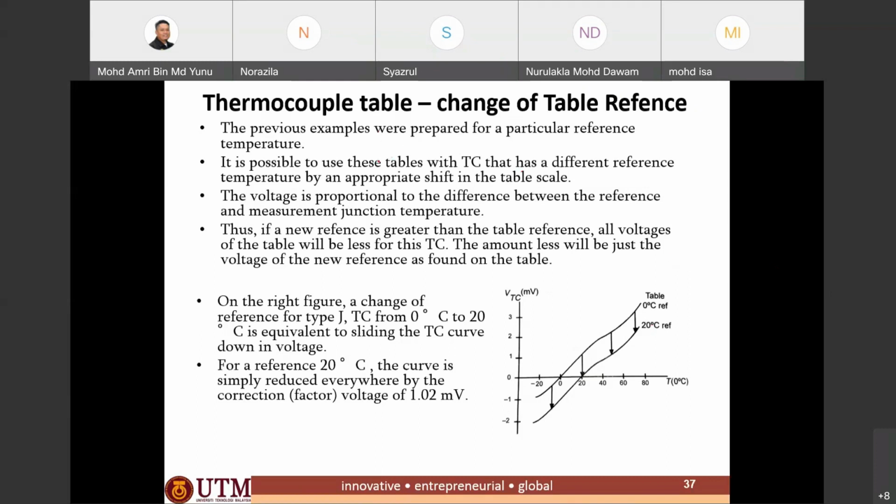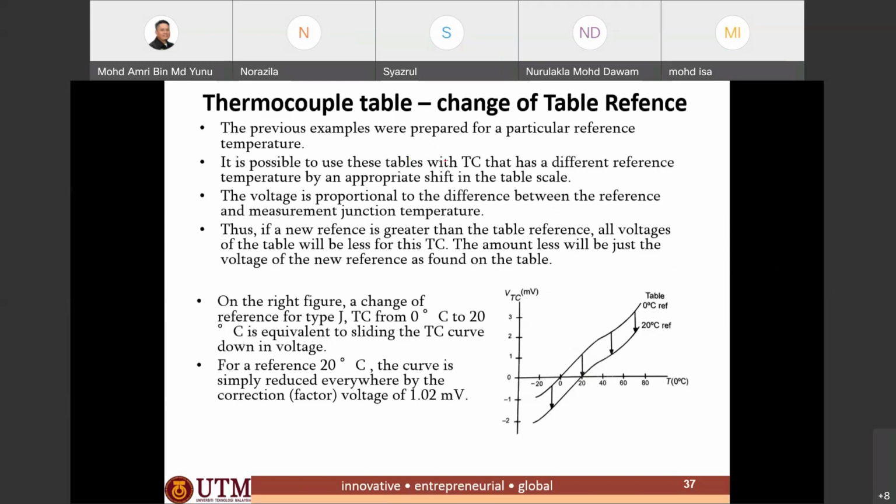It is possible to use the standard tables to find the output if the reference temperature has increased.